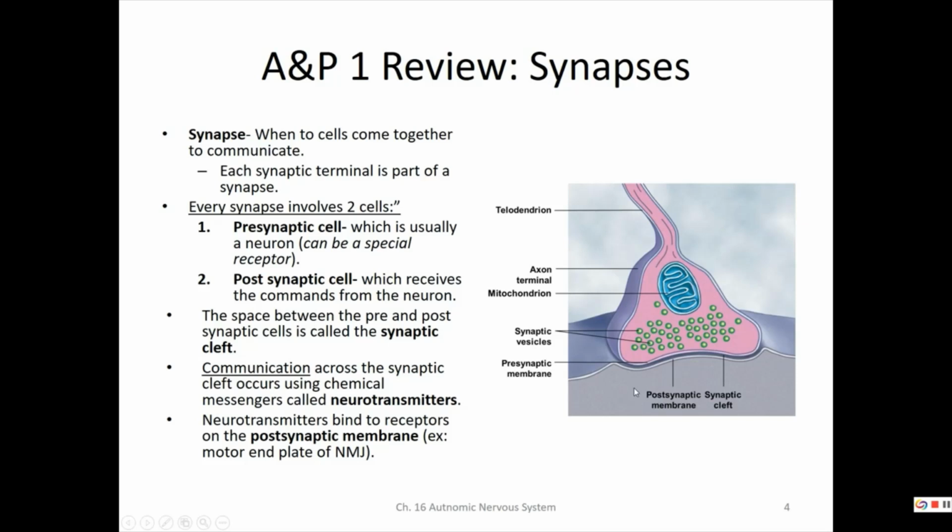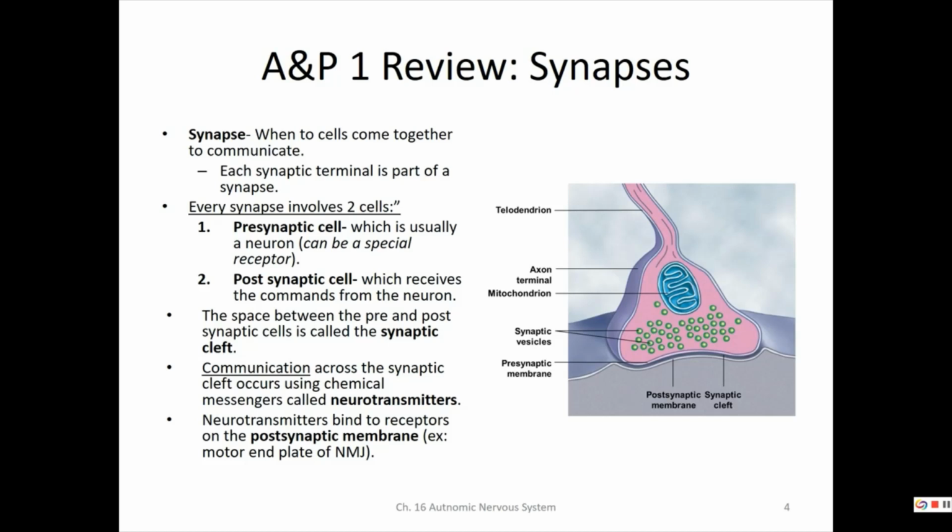This could be a muscle cell, a gland cell, any other kind of cell, or in this case, another neuron. It is the cell that receives information, receives neuro commands, from another neuron. The gap between these is called the synaptic cleft.